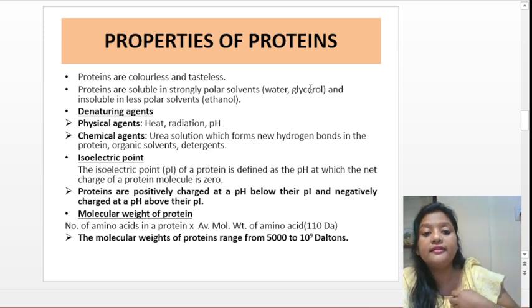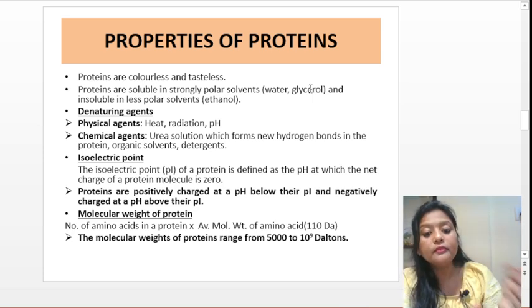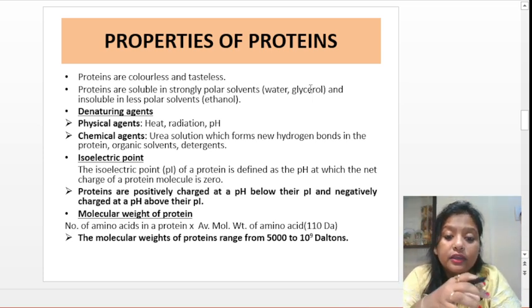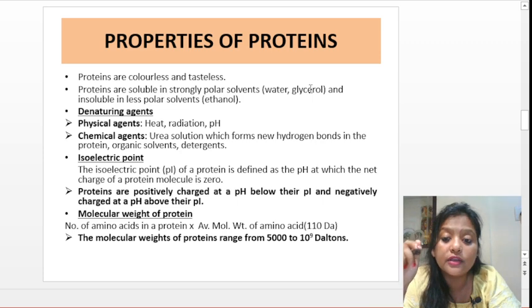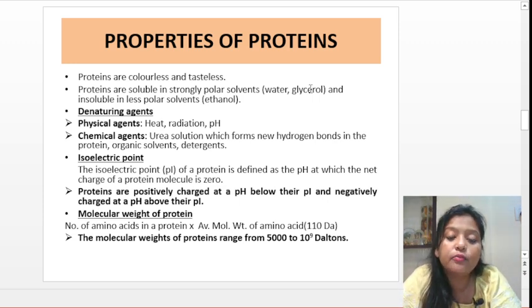Now, there's a term known as the isoelectric point. What is the isoelectric point? This is the point of a protein at which the net charge is 0, because positive and negative charges are equal here. So it is defined as the pH at which the net charge of a protein molecule is 0.